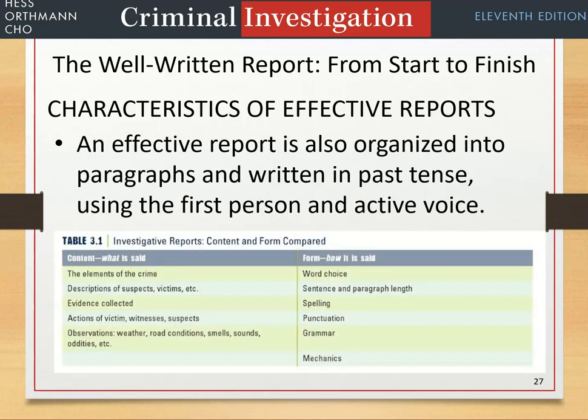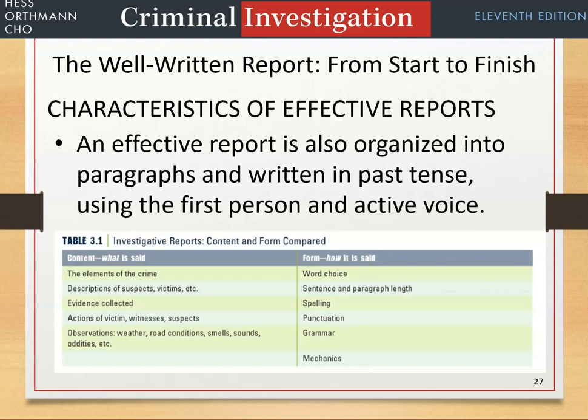Hopefully that clears it up. An effective report is also organized into paragraphs. It's not just one long block page. And it is written in past tense using the first person and active voice.